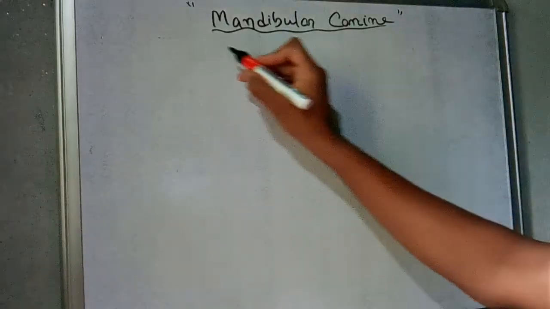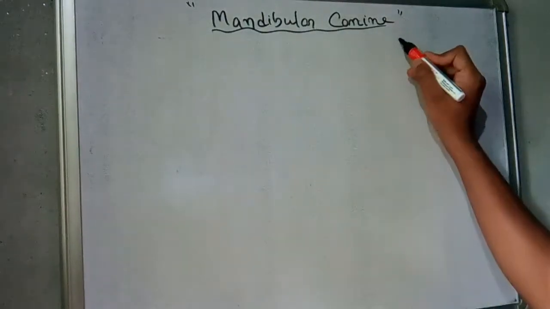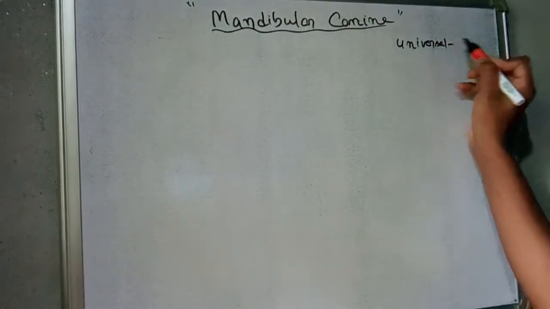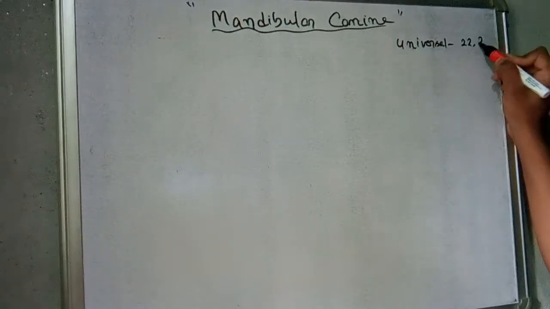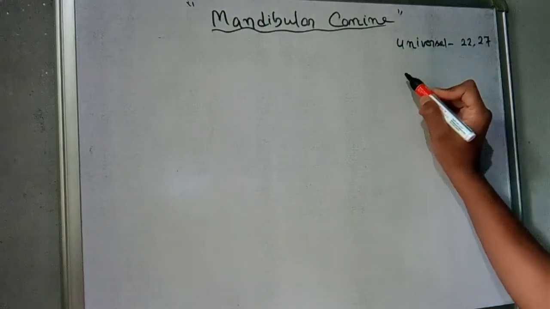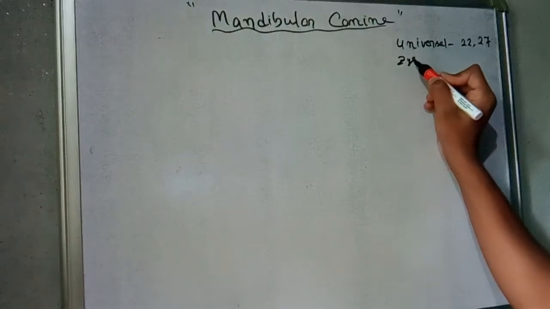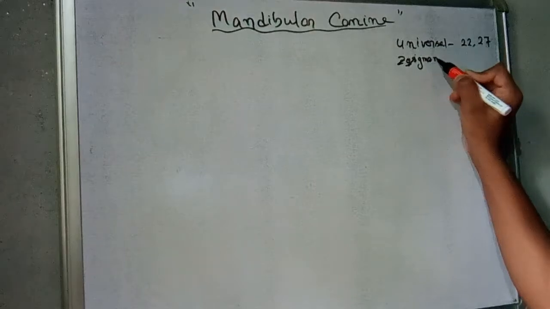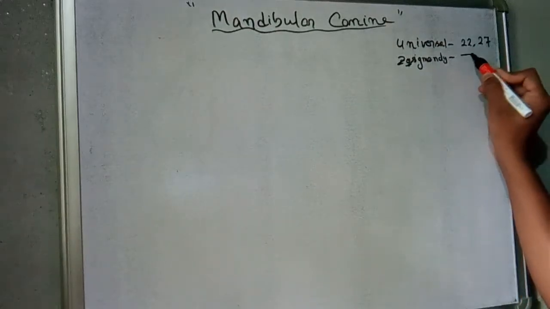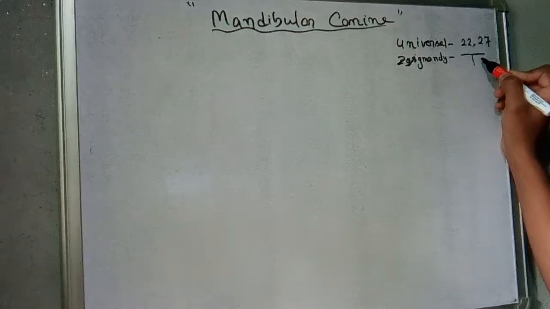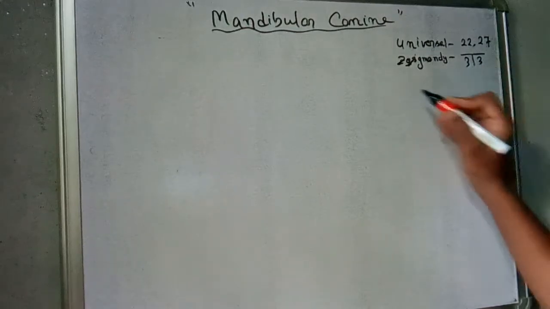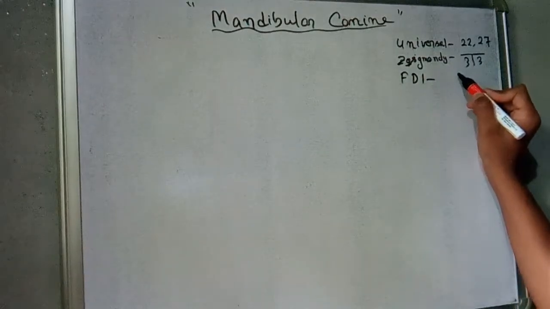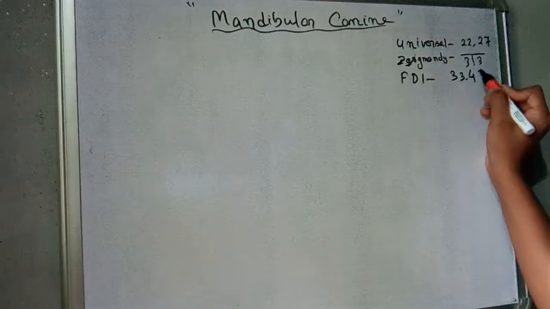They are named in the universal system as 22 and 27, in the Zsigmondy-Palmer system as 33, and in the FDI system as 33 and 43.